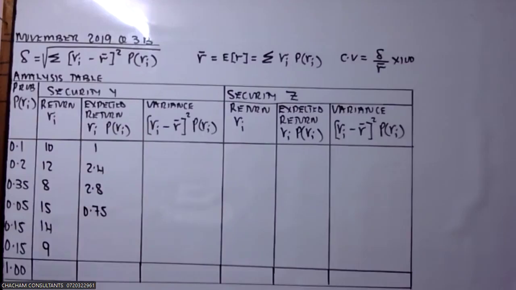Next, 2.1. Next, 1.35. Total, total of that, 10.4.